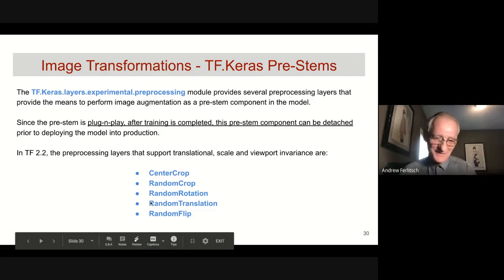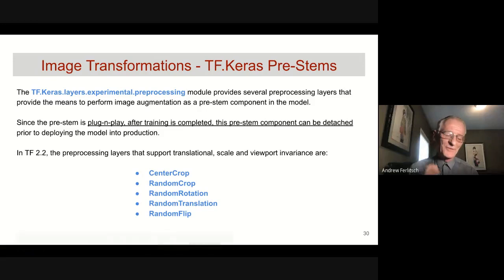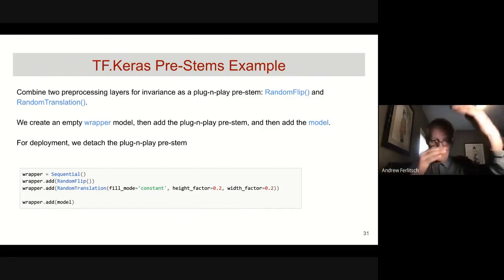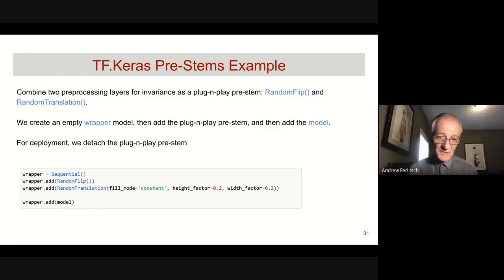The other ones were being used for preprocessing. The set that we're going to show here is for doing things like invariance, like translational, scale and viewport invariance. One of them is random flip, and another one is random translation. Random flip obviously is doing a random flip like this or like this, and random translation is actually the shift, left, right, up, down. And here we're just going to implement these as a pre-stem.